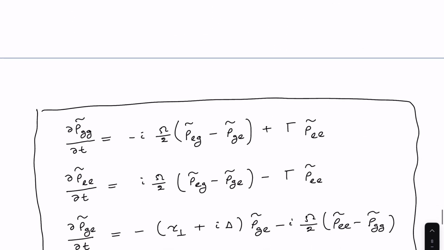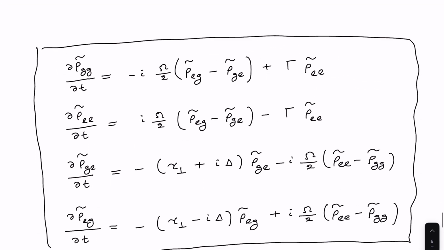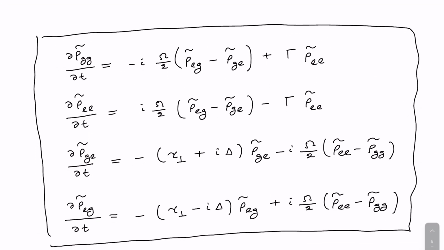Now, taking all these factors into account, that means the relaxation times or the decay rates, the transverse decay rate as well as the longitudinal decay rate, I can add these terms and write the density matrix equation in this form.